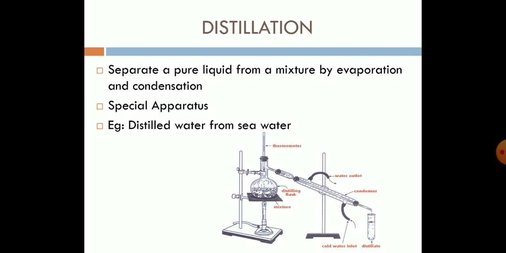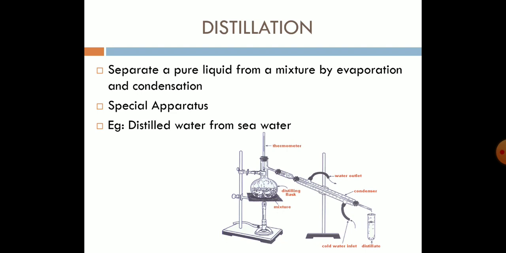So now how are we going to get distilled water? We are going to use a special apparatus. I pour the salt water or the sea water in a distillation flask. This distillation flask is the round flask on the left hand side. This flask cannot stand like that, so we attach it to a stand. Under it you are going to heat it.